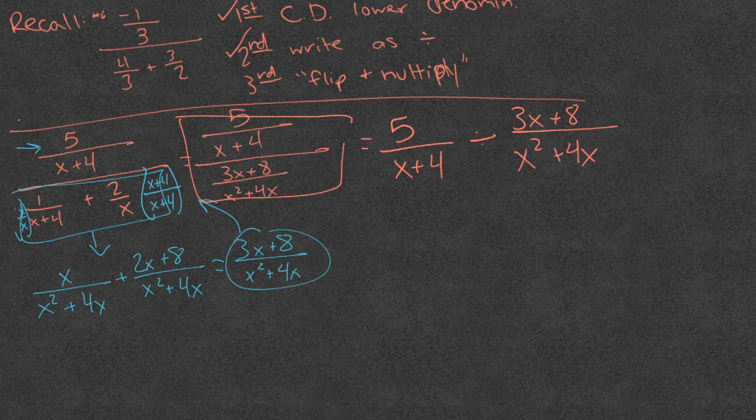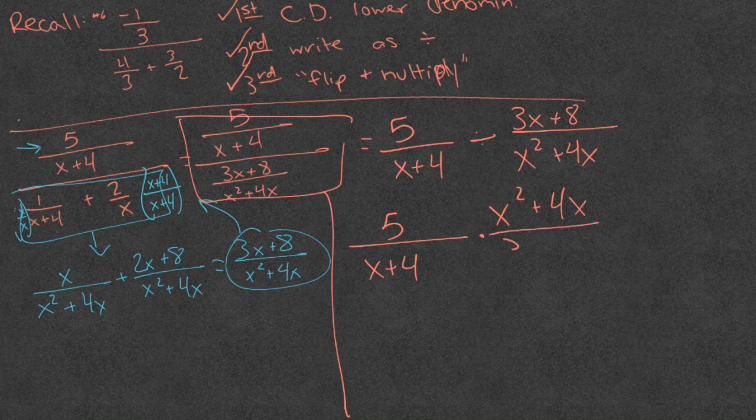So now we see it as this, which is just what the second half of 6.3 was. So you 100% know what to do, hopefully, on these next few steps. So we wrote it as division, and now we need to flip and multiply. That gives us 5 over x plus 4 multiplied by x squared plus 4x over 3x plus 8.